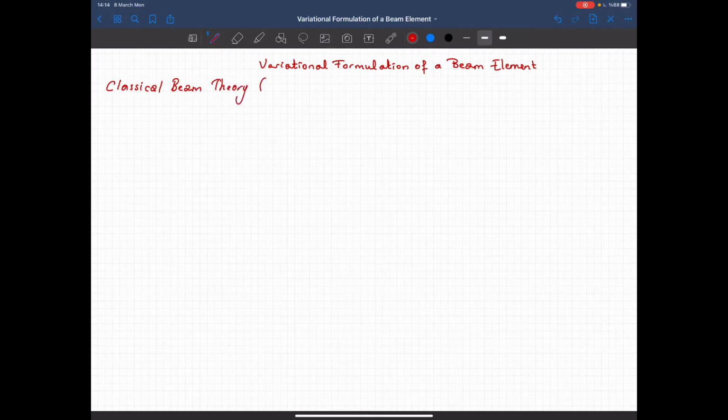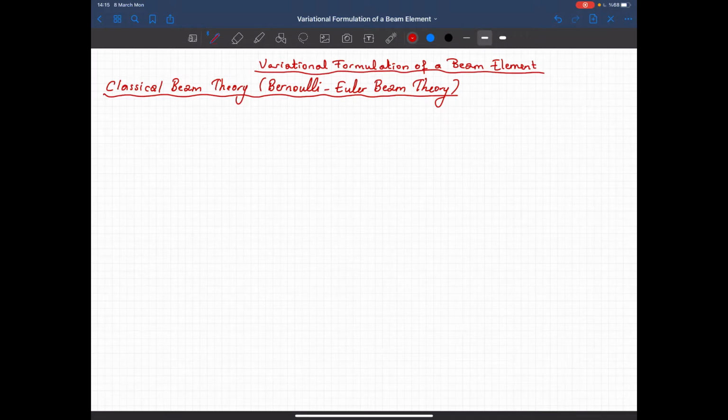Also, we can call it Bernoulli Euler beam theory. So let's first discuss the main assumptions of this theory, and then we will formulate our element.